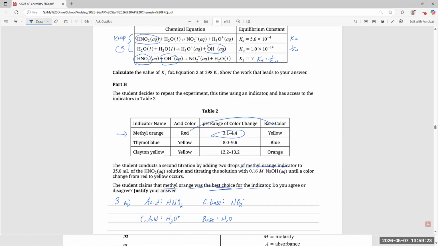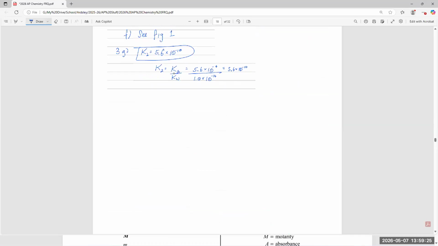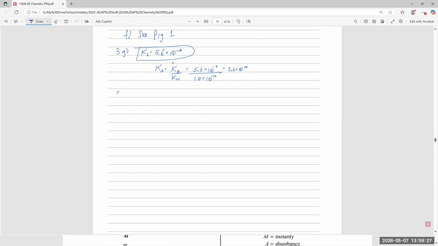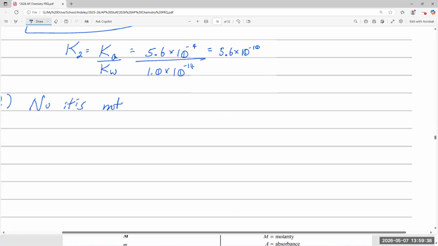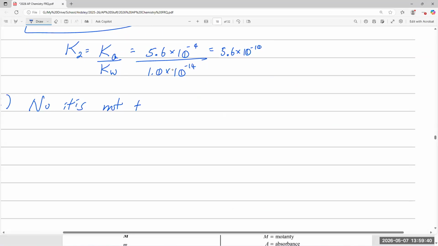So that's the answer for 3H. The answer is no, it is not the best choice. Does it ask you to explain? Justify your answer.